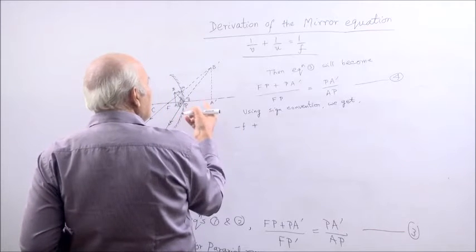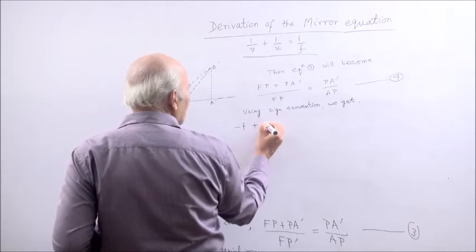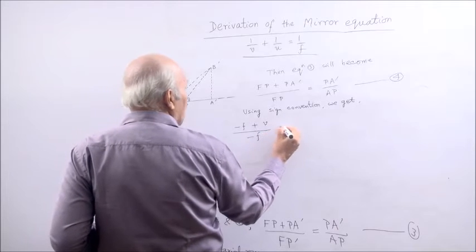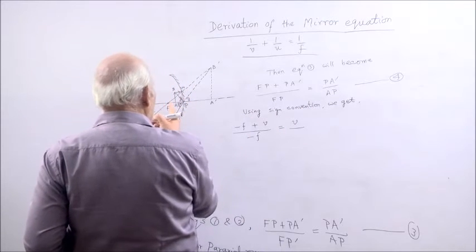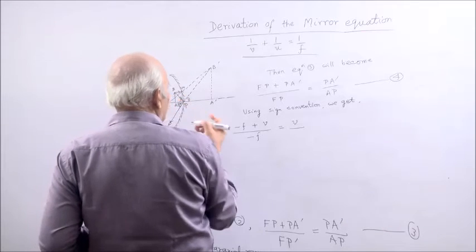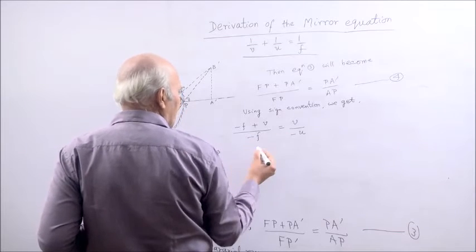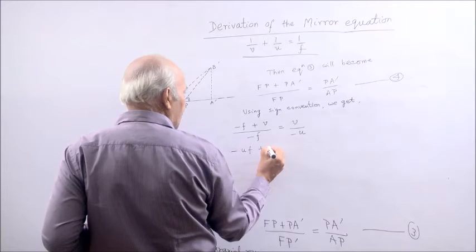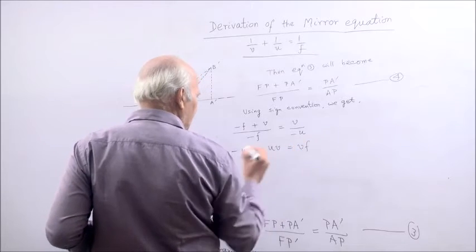PA dash is the image distance, and image distance is towards right, measured from P to A dash, so it will be plus V. Then FP is minus F, and PA dash will be V by AP. AP is the object distance, you are measuring against the direction of light, so that is minus U. So, the minus cancels, so minus UF plus UV is equal to VF.